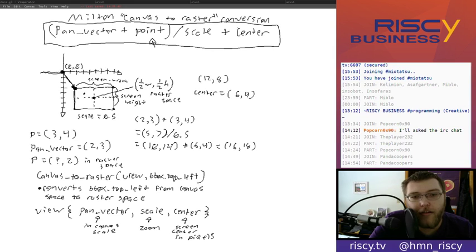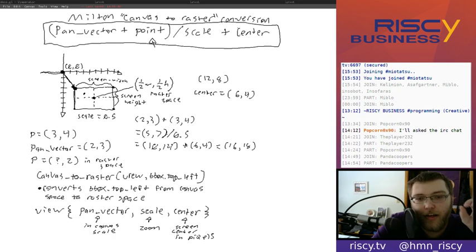Maybe I'm thinking about this backwards. Maybe the way I've drawn it in my diagram is the canvas has this fixed scale and the screen is shrunk down. But maybe the way to think about this is the other way around.